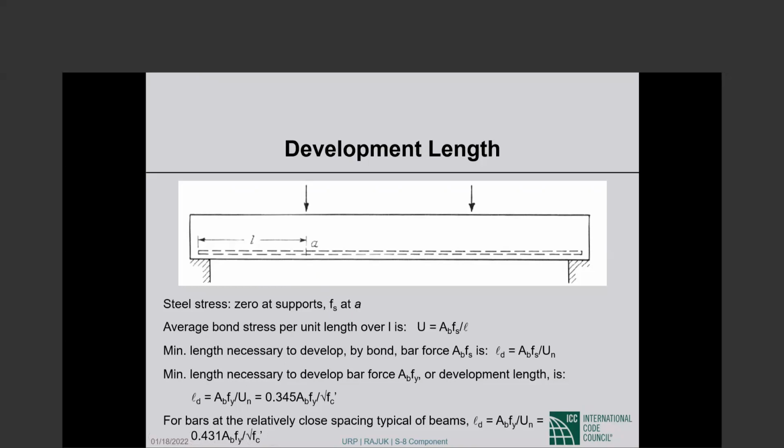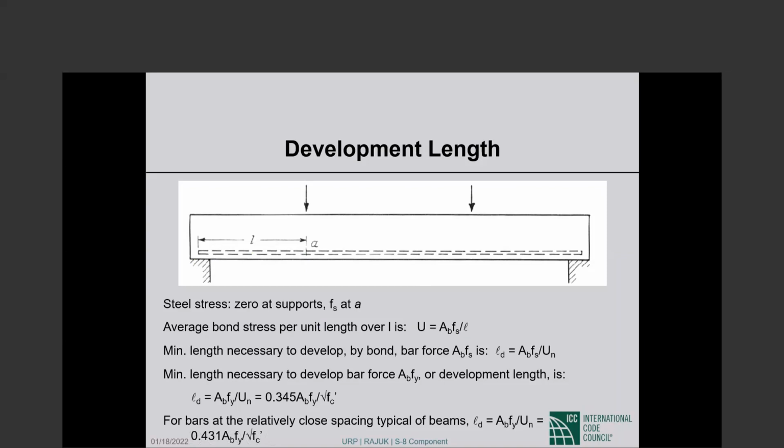Average bond stress per unit length over this length L is the cross-sectional area of the bar times the tension stress in the bar. A sub b f sub s is the force in the bar divided by the length. Okay, average bond stress per unit length over this L is A sub b f sub s divided by L.